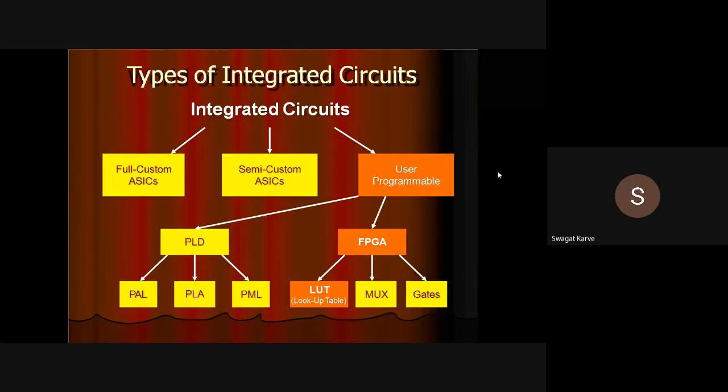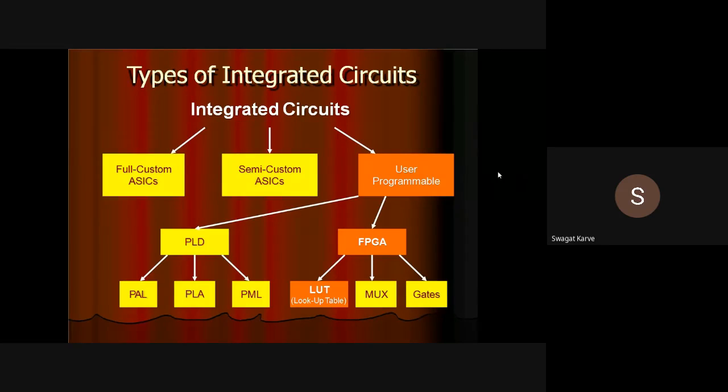Now in the user programmable devices, again you have PLD and FPGA, right? In the programmable logic devices, you can have PAL, then PLA, then PROM, then SPLD. Okay, I have not mentioned it there, but PROM is also a kind of PLD.